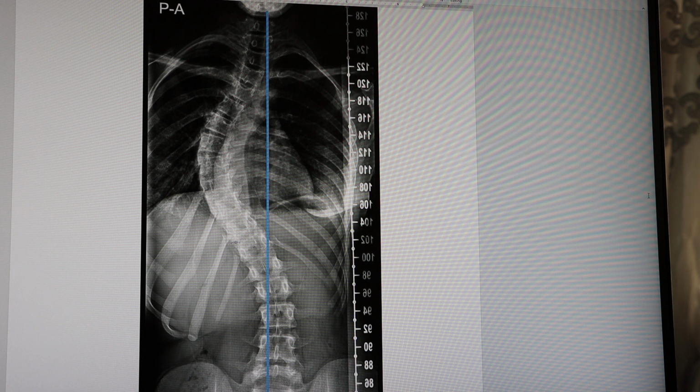And this patient in this image does not have a spine that is aligned in the center. As a definition, we know that the vertebral column is the central bone structure in the trunk region. And this is not centered whatsoever.